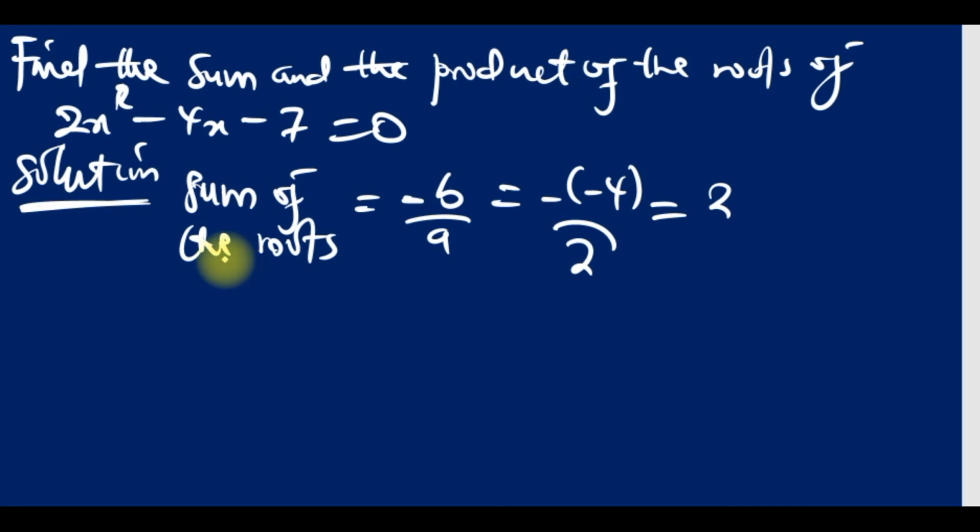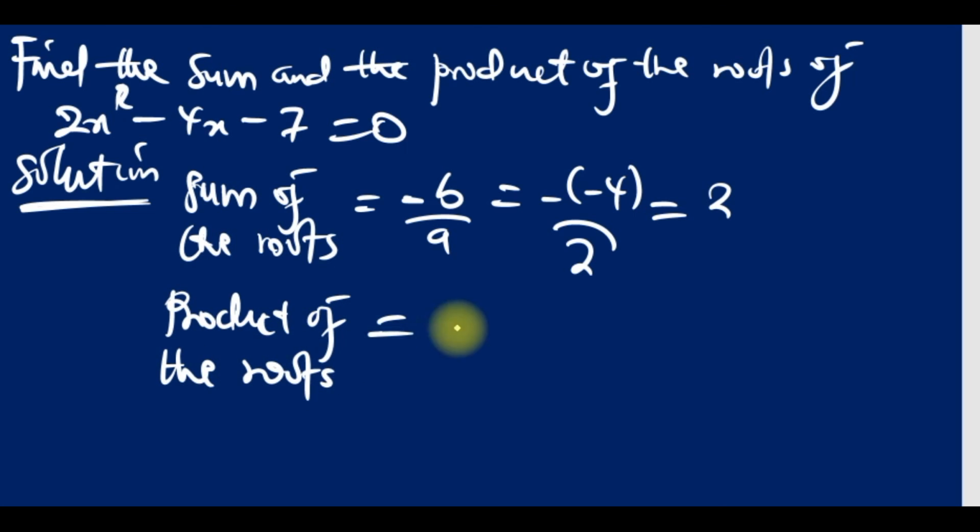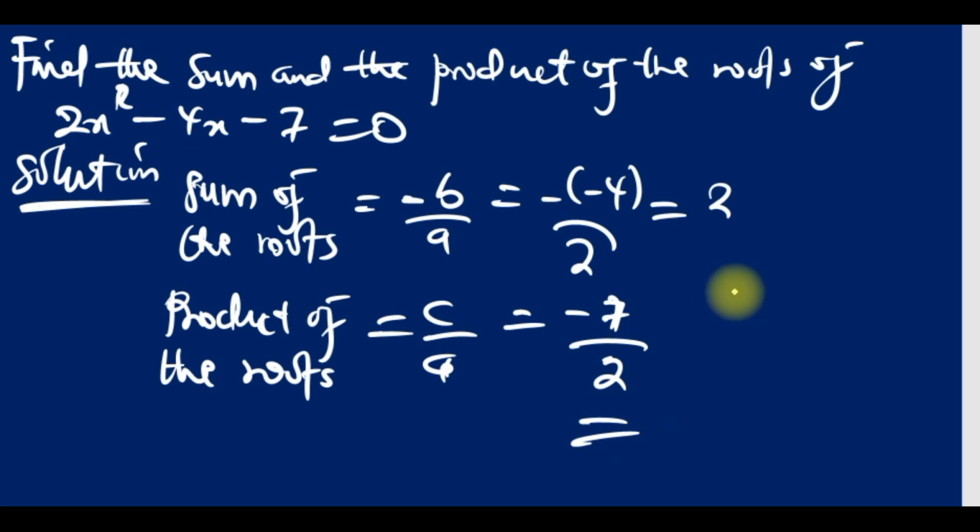Instead of wasting time solving for the roots individually, just apply this formula. Now the product is just c over a, this constant term, which is minus 7, over the coefficient of x squared, which is 2. So that's our answer.